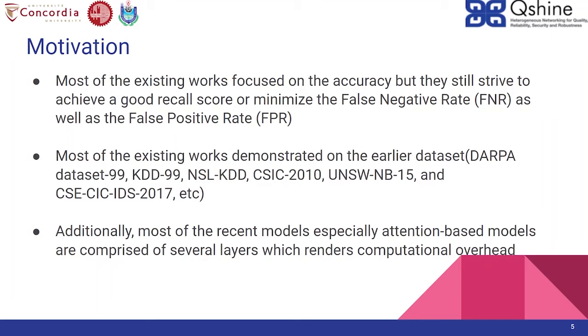Most of the existing works are based on earlier datasets, for example, the DARPA dataset from 1999, the KDD dataset from 1999, the NSL KDD dataset, the CSIC 2010 dataset, etc. Additionally, most of the recent models, especially attention-based network intrusion detection models, are comprised of several layers, which renders computational overhead.